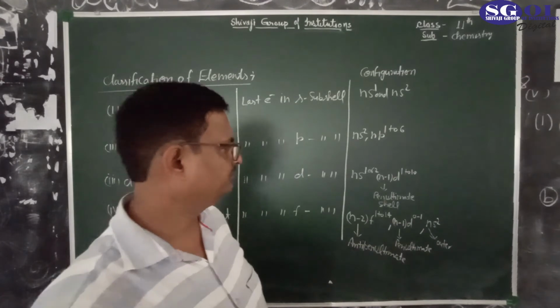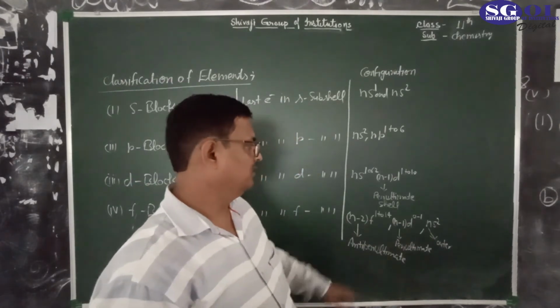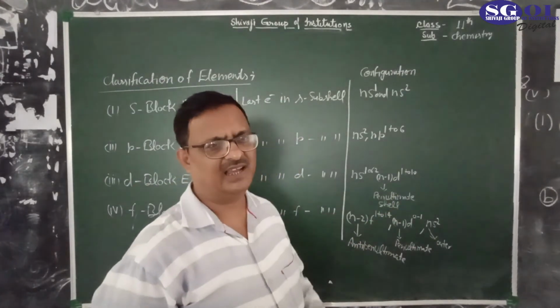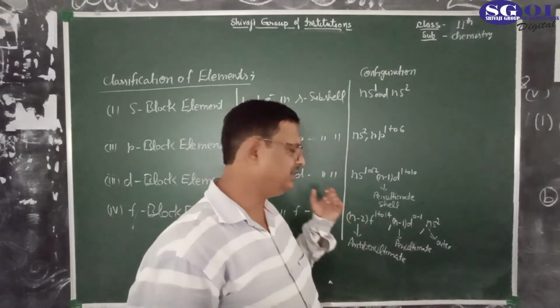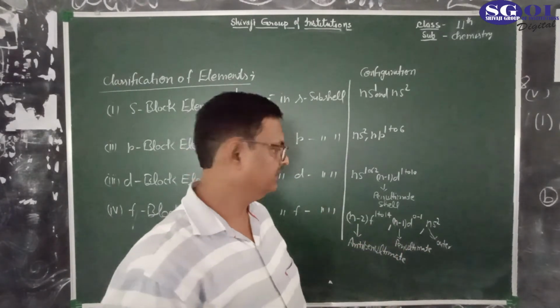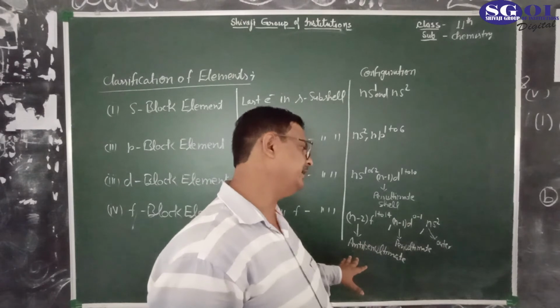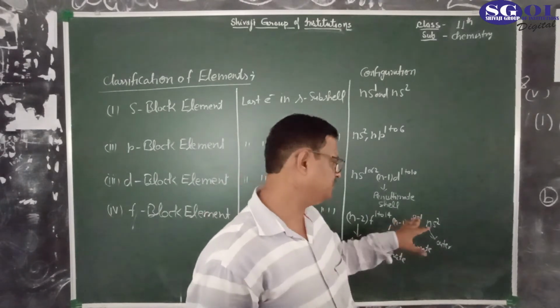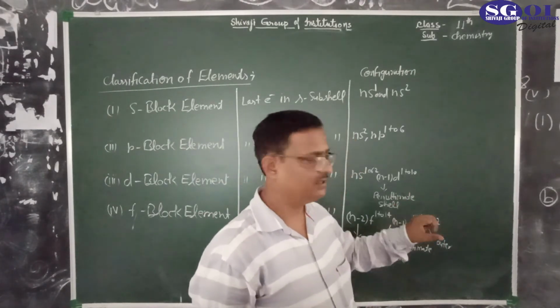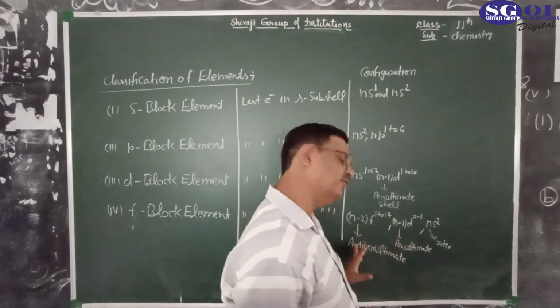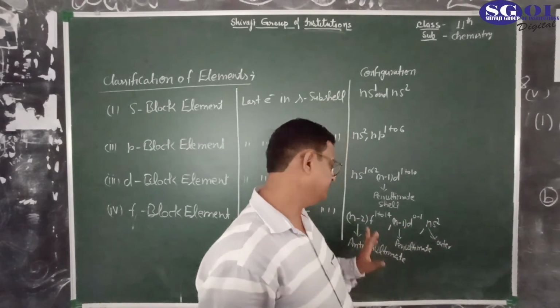For the penultimate shell, the outer shell must be at least 4, and for the anti-penultimate, the outer shell must be 6, 5 or 4.